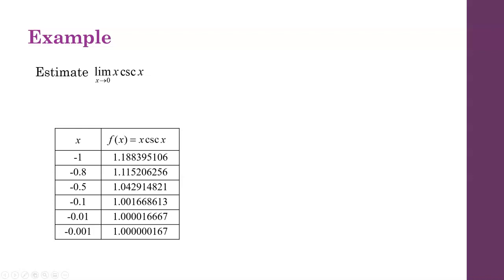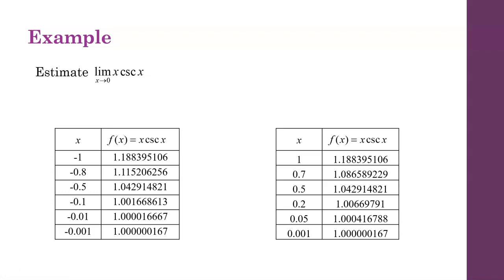And if I also look at x values that are bigger than 0, we'll notice a similar pattern. As my x gets closer and closer to 0, the value of the function, again, is getting closer and closer to 1. And that somewhat indicates that that limit is probably 1, right?